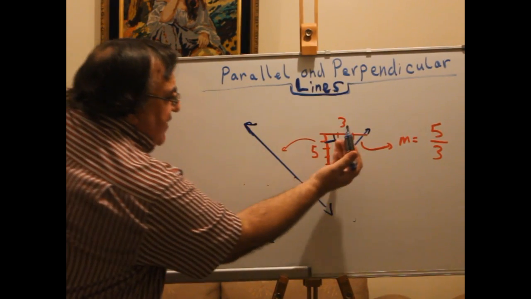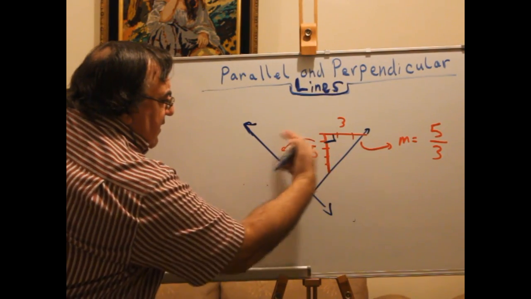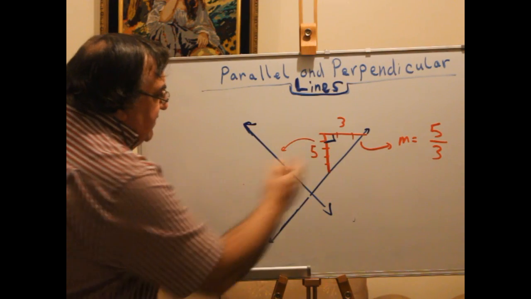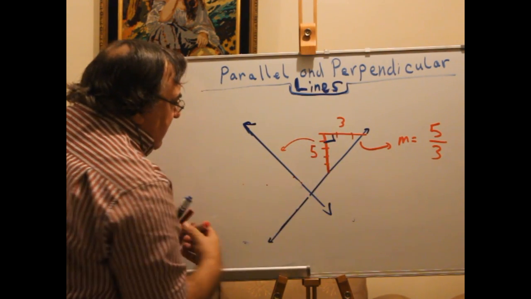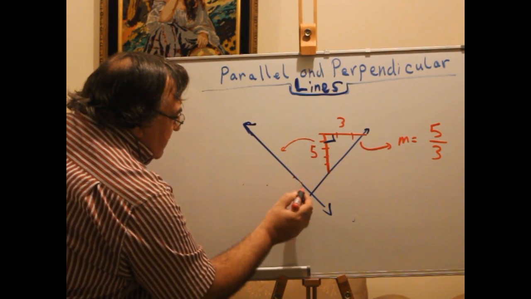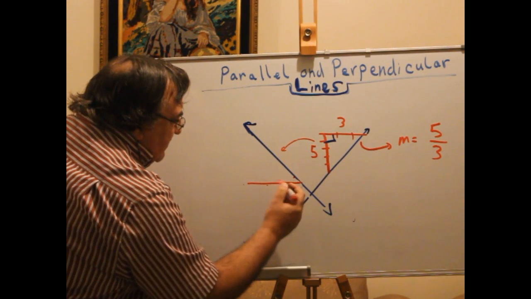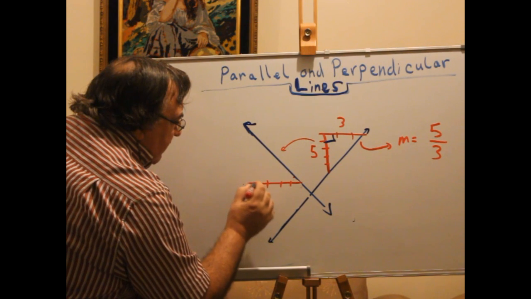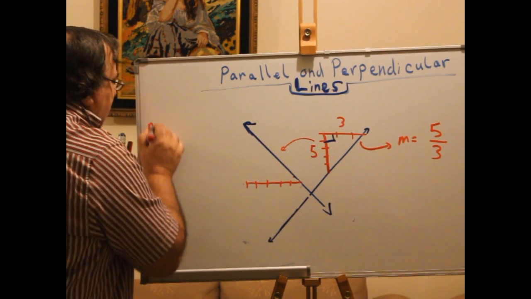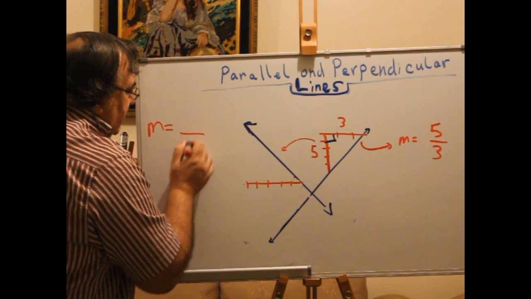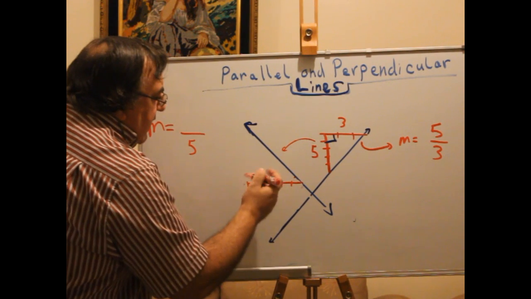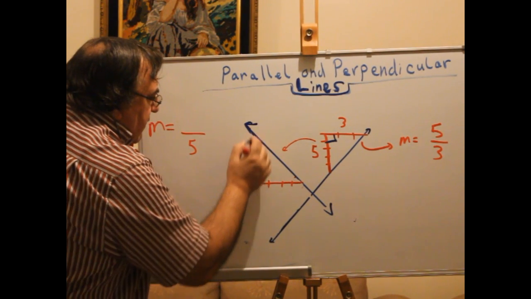So if we turn the triangle with the straight line, what will happen? You see that the triangle shifts in this way. So if this point becomes here, this becomes the base. 1, 2, 3, 4, 5. So the run is 5.